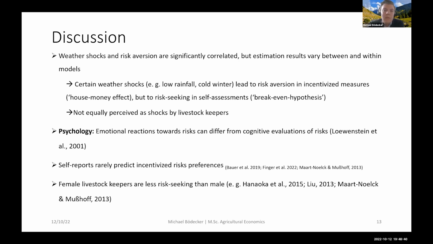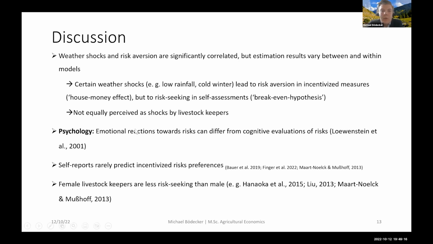So this means there's a way an individual can perceive a shock and a way it can evaluate it, so there might be differences. And I found one recent study regarding the COVID-19 experience which used different elicitation methods, but it has concluded the opposite effects, so that shock experience leads to risk aversion in incentivized measures, but to risk seeking in self-assessment. No, opposite. So this was interesting.